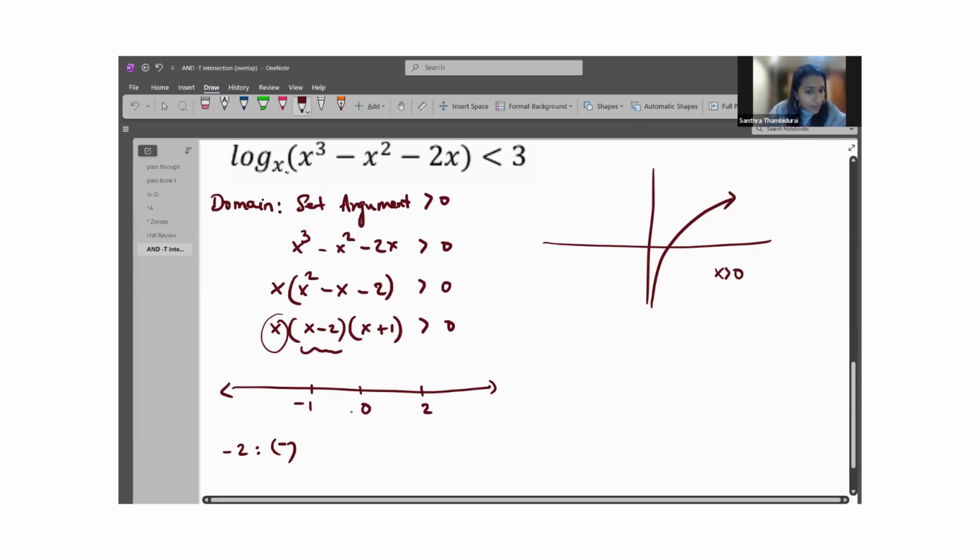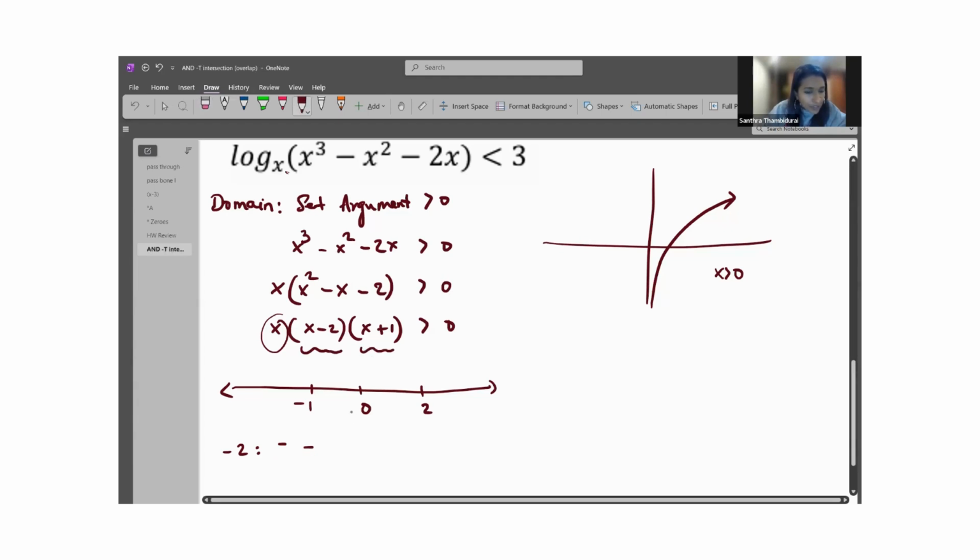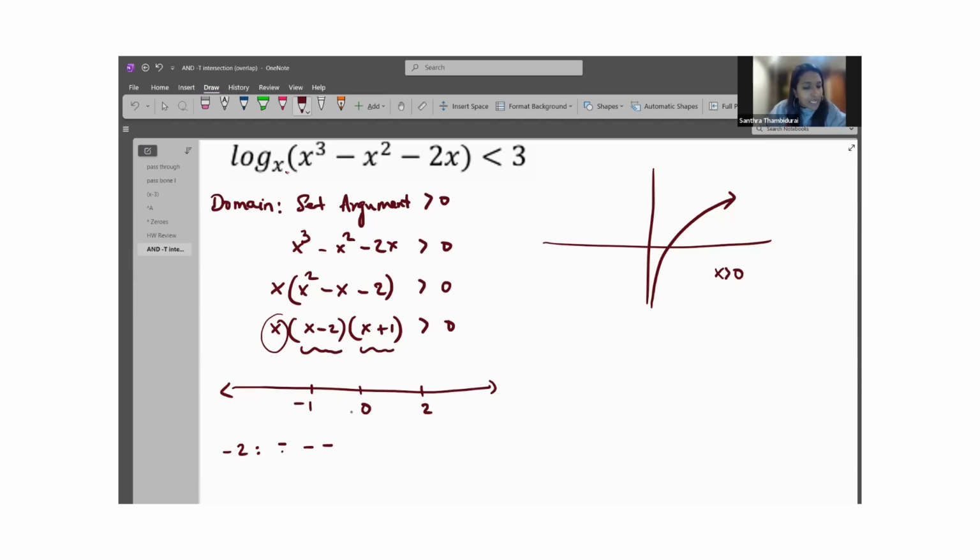This factor is going to make it a negative also. And then this is also going to be a negative. So now it's a negative times a negative, which is a positive, times a negative, which is going to give you a negative answer, okay?